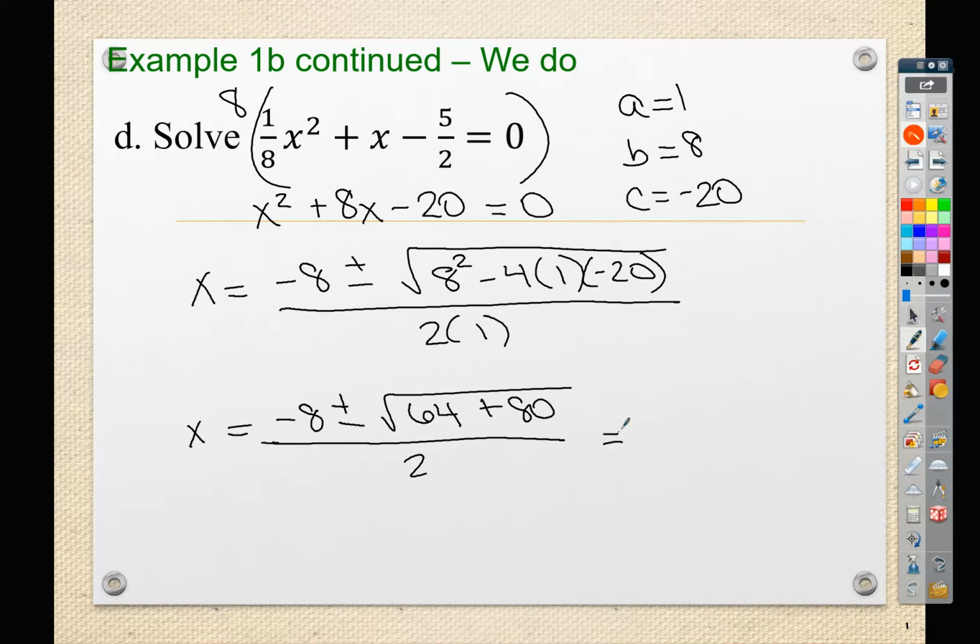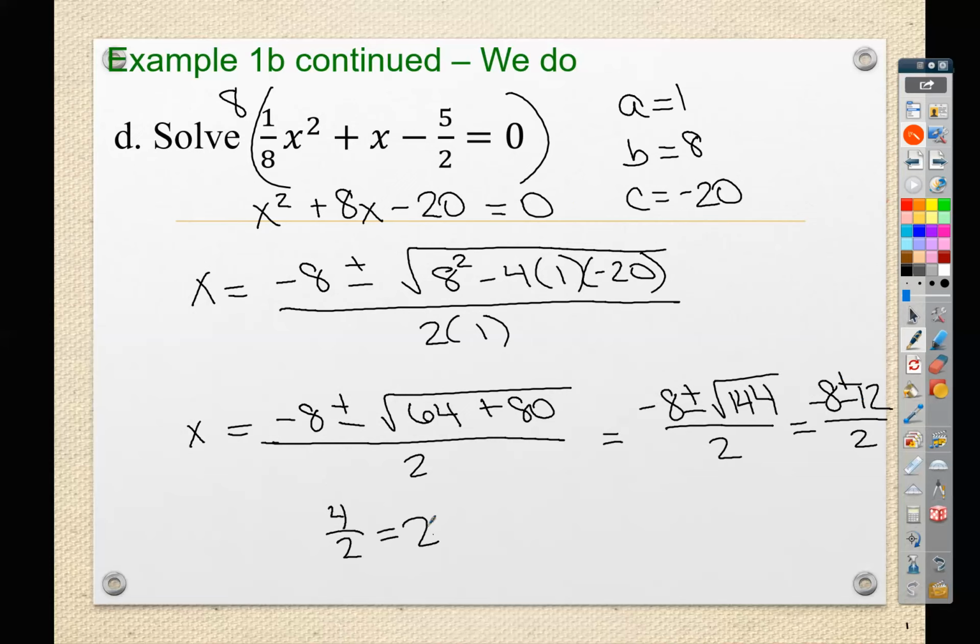Now if I combine those, I would get the square root of 144, which we know is 12. So if I said -8 plus 12, I would get 4 over 2, which is 2. And if I did -8 minus 12, I would get -20 over 2, which is -10.